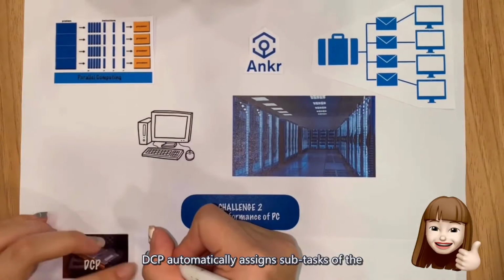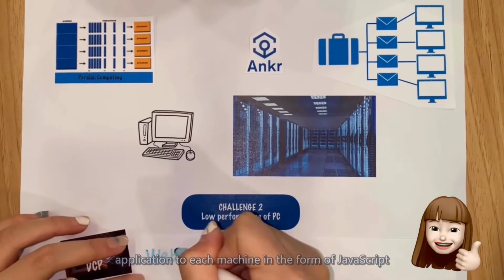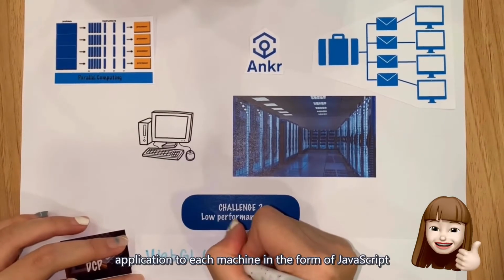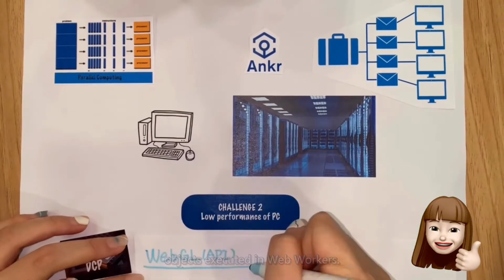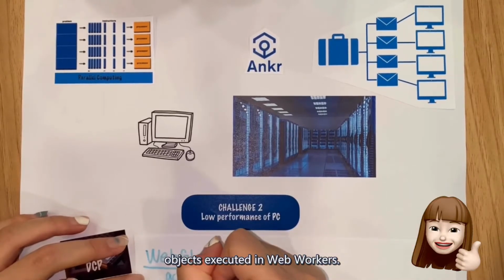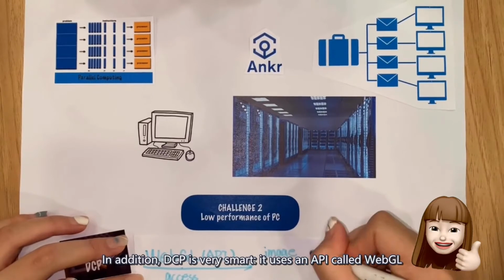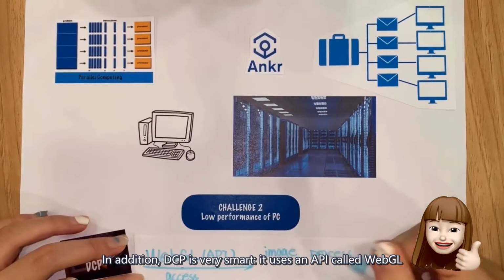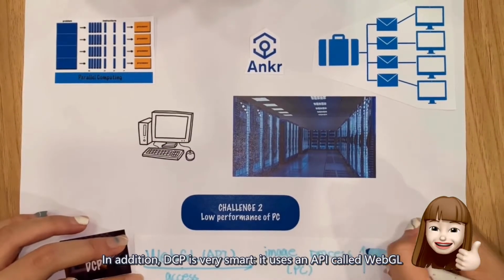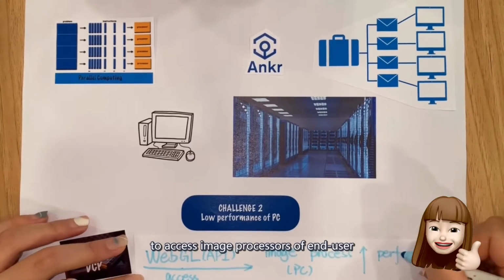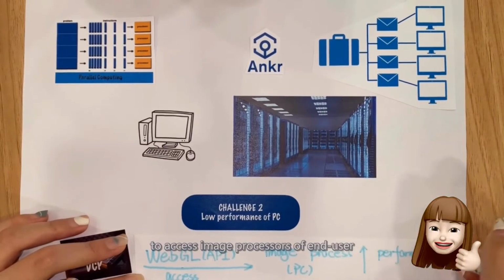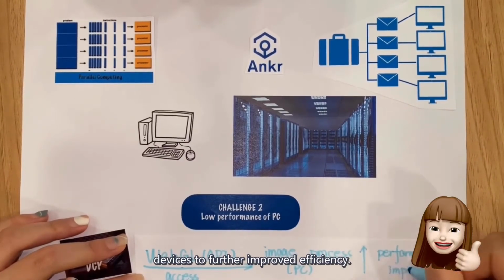DCP automatically assigns subtasks of the application to each machine in the form of JavaScript objects executed in web workers. In addition, DCP is very smart. It uses an API called WebGL to access the graphics processors of end-user devices to further improve efficiency.